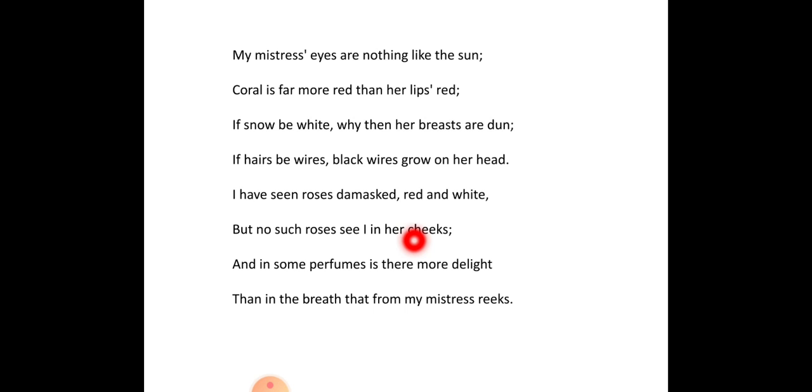My mistress's eyes are nothing like the sun. Coral is far more red than her lips' red. If snow be white, why then her breasts are dun. If hairs be wires, black wires grow on her head. I have seen roses damasked, red and white, but no such roses see I in her cheeks. And in some perfumes is there more delight than in the breath that from my mistress reeks.